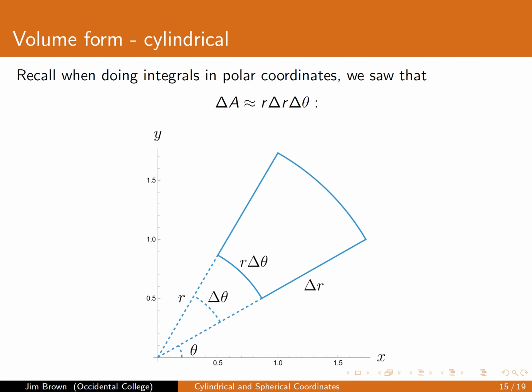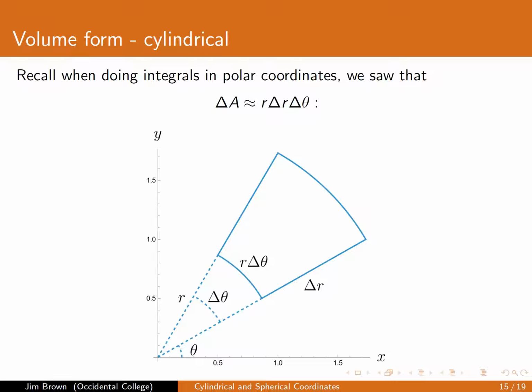And we know that the distance here, a change in r, is delta r. So while this doesn't look like a rectangle, because I've blown it up to be fairly large to make the picture easier to see, if we let delta theta and delta r get smaller and smaller, this gets closer and closer to a rectangle that would have side lengths r delta theta and delta r. So we get the area is approximately r delta r delta theta. So we saw that when we were doing polar coordinates.